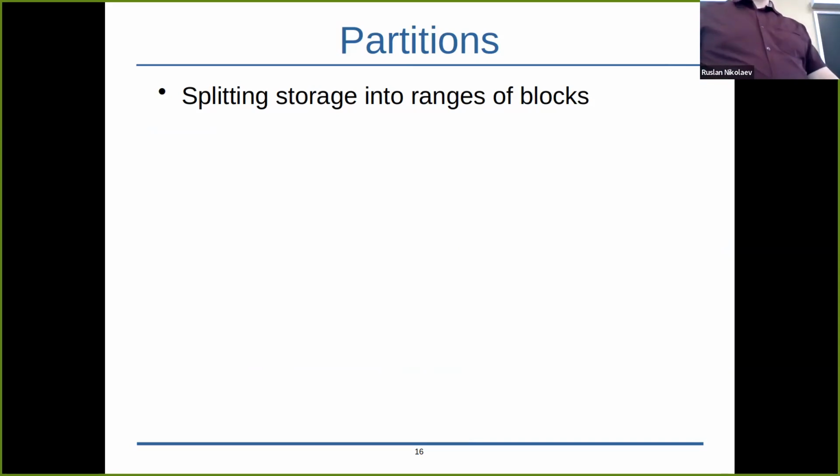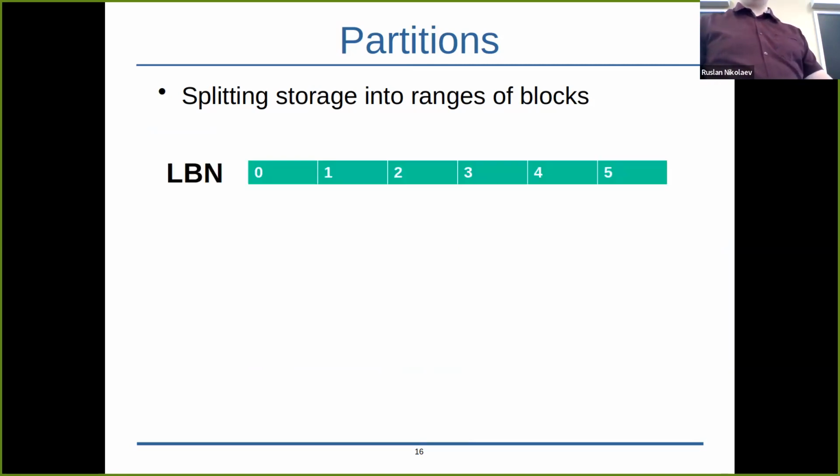So what about partitions? Partitions is probably a term that you have heard in the past, and you probably use that. You may create multiple partitions on your computer. The basic idea is to split storage into a range of blocks. So we have logical block numbers. We create a partition 1.